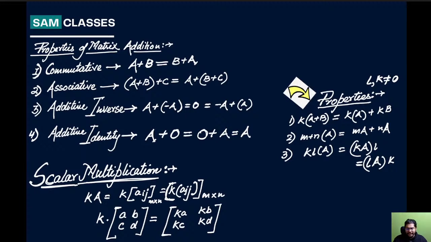Now these properties are again the same thing. If I have a constant multiplied with two matrices, I can do it separately also: first multiply and then add, or first multiply with m then multiply with n. If I have two constants, I can multiply with the first constant and then with the other, or the other constant first and then the first. No issues in that. Very simple.